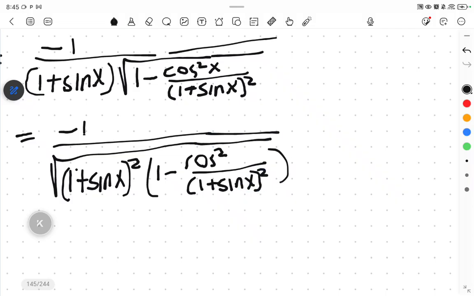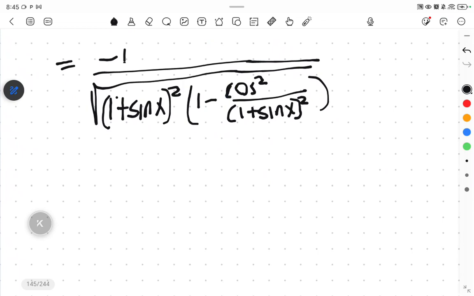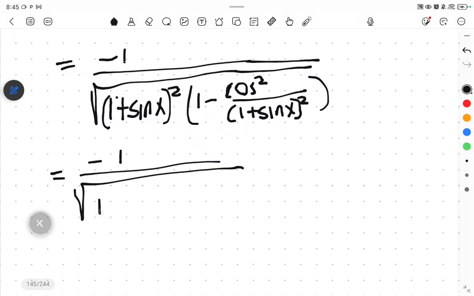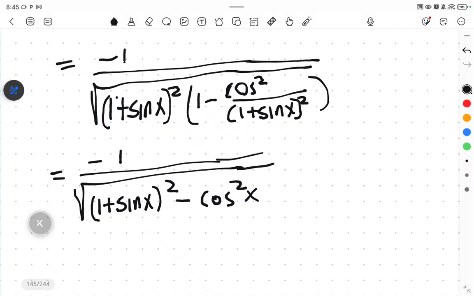You see, right? And then this will be equal to minus 1 over the root of, this will come here, 1 plus sine x squared minus cos squared x. So check this. The denominator will cancel out if we multiply this by this. The denominator will cancel out, right?